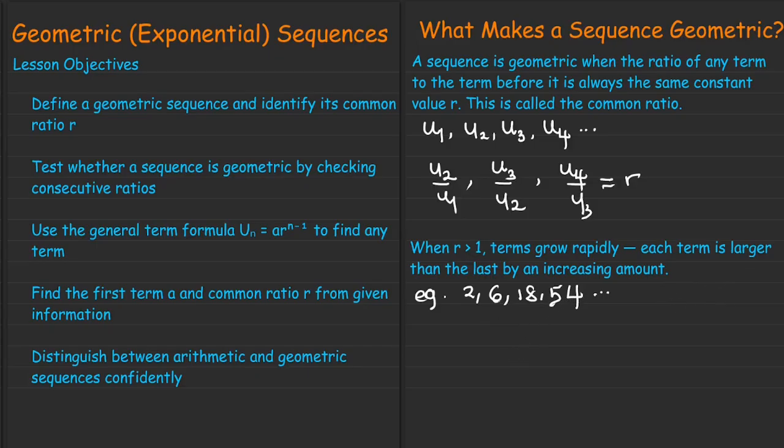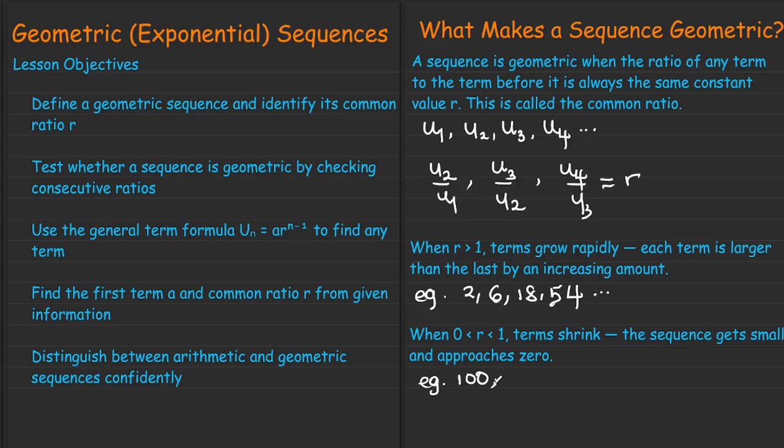On the other hand, if R is between 0 and 1, that is to say R is less than 1 but greater than 0, then you realize that the sequence gets smaller and smaller and approaches 0. For example, if I have a sequence where my first term is 100, followed by 50, followed by 25, on and on, you realize that the terms are gradually reducing, getting smaller and smaller towards 0.